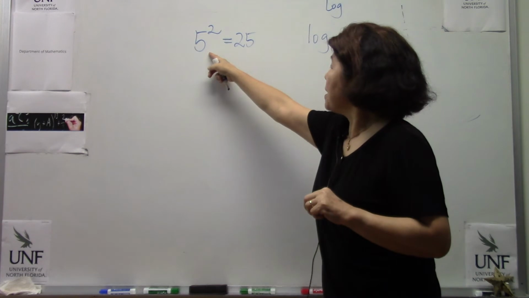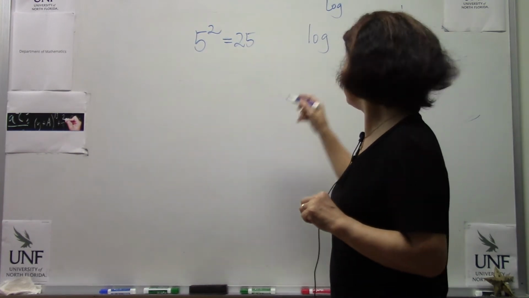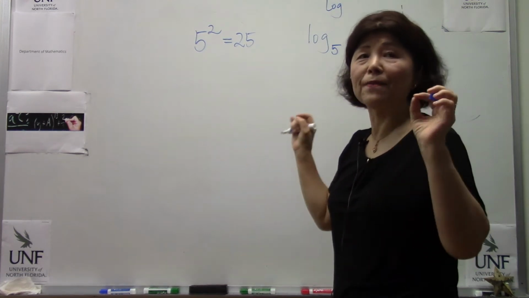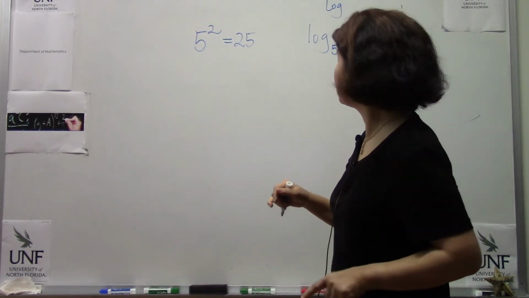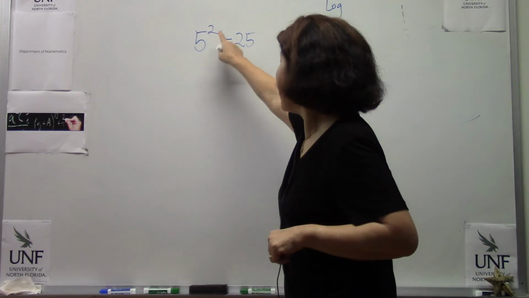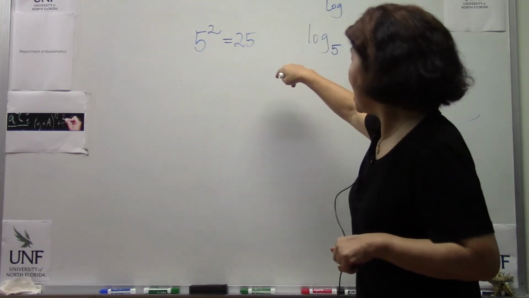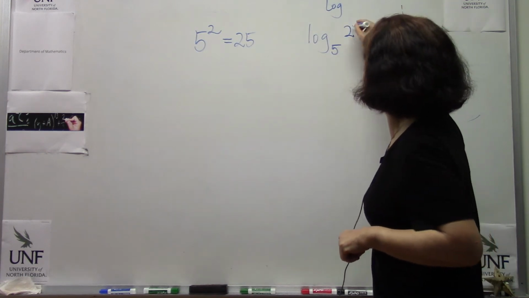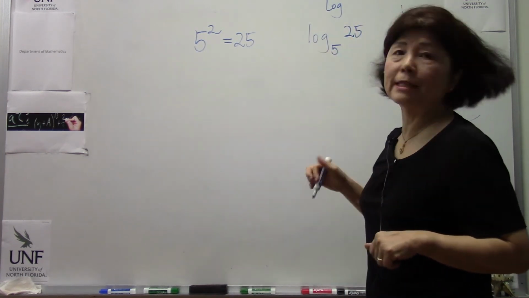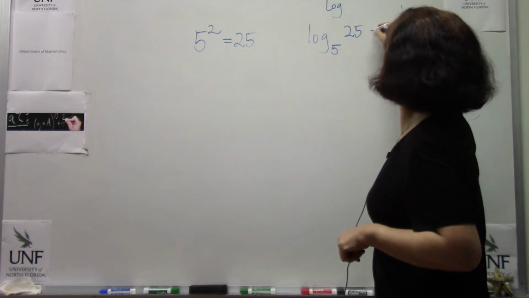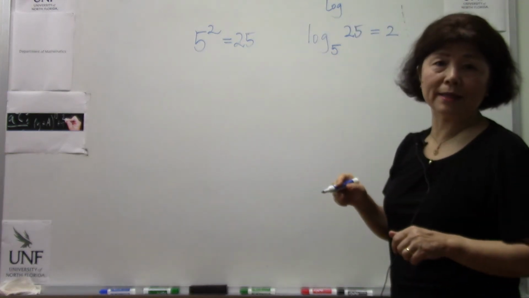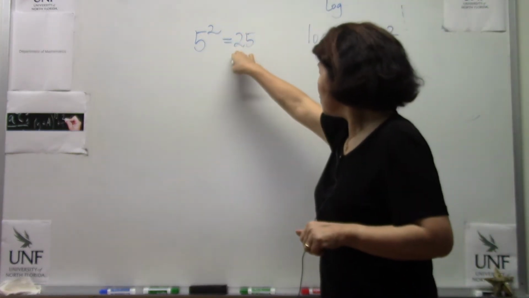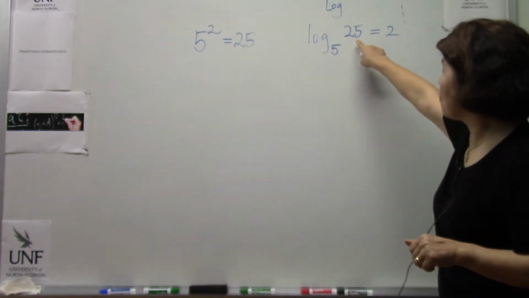What is the base? The base is 5, and keep the same base. The base is kind of an anchor for our conversion. Then 5 and 2 were on the same side and 25 on the opposite side. Now bring 25 to the same side as the log, and this 2 goes to the other side. So the equivalent in logarithmic form is this.